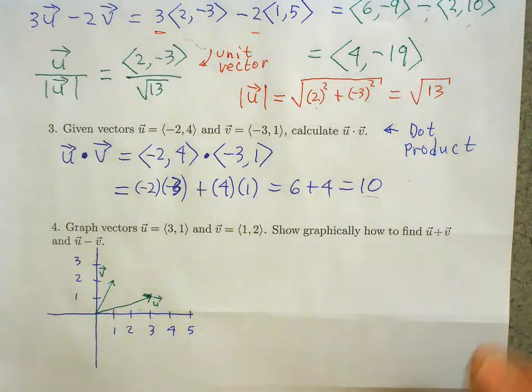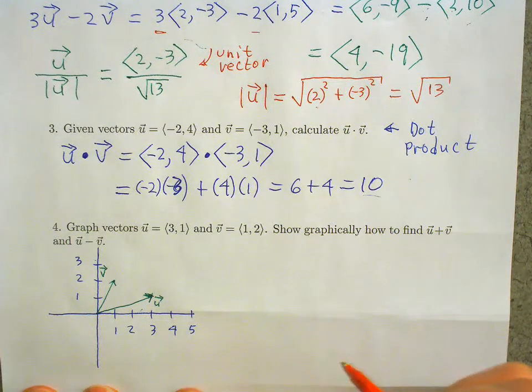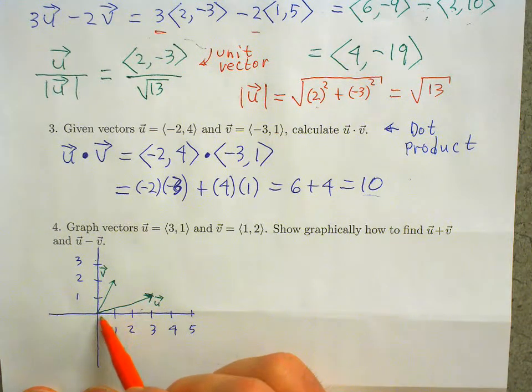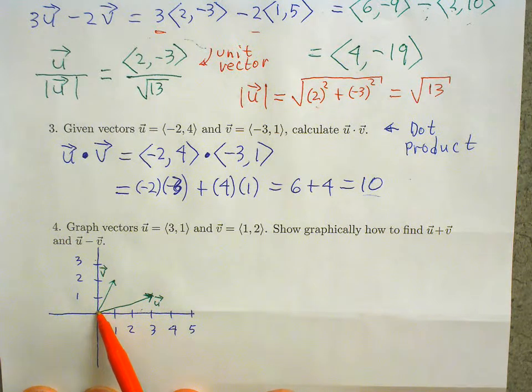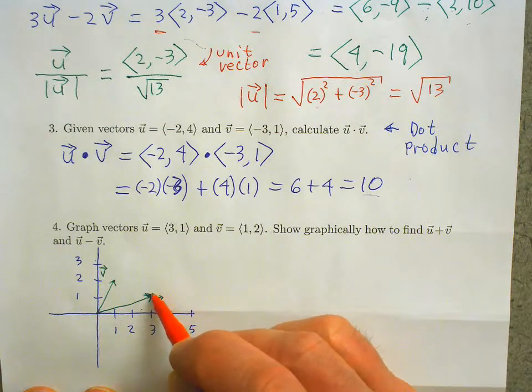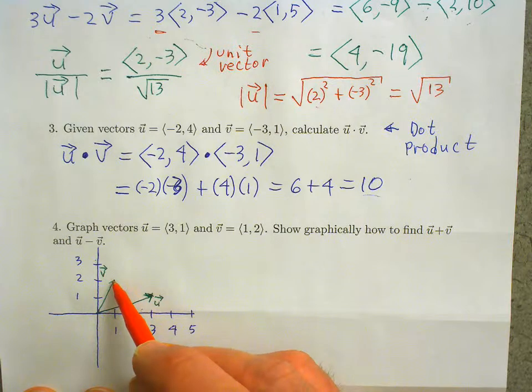So yesterday when we discussed vector addition graphically, we said if we want to add vector U and vector V, we move vector V so that vector V's initial point is at the endpoint of U. And we know how to graph the direction of vector V. It's horizontally to the right 1 and vertically up 2.